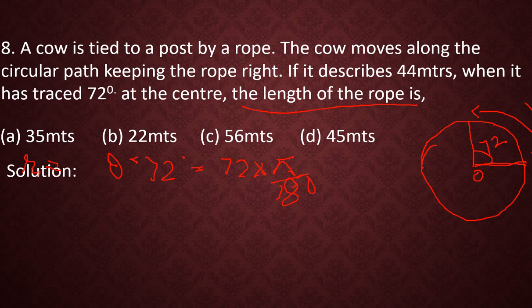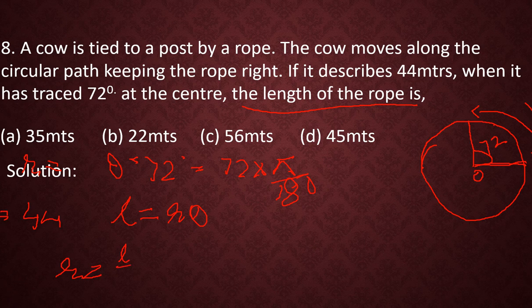Then this arc length, this is the arc length. So L is equal to 44. So we have a formula relating these three, that is L is equal to R theta, or R is equal to L divided by theta.